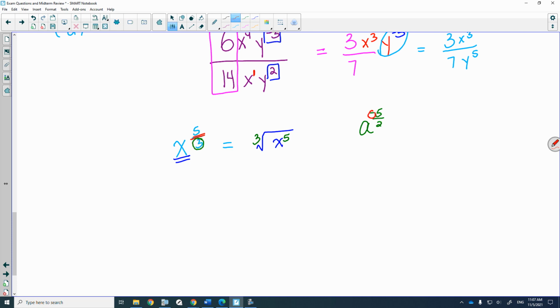You get rid of that negative first. It would be 1 over a to the 5/2. Do not flip that fraction. It's still 5/2. And then from there, turn that into a radical. a goes underneath your radical sign. I do not need to put the invisible root of 2, and it would be to the power of 5.